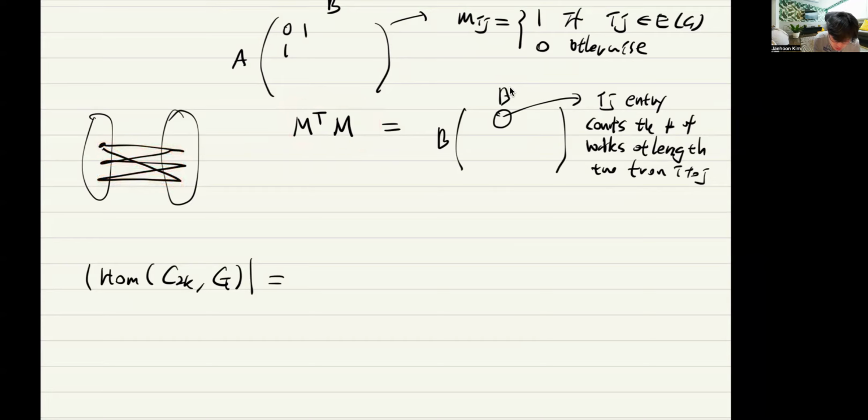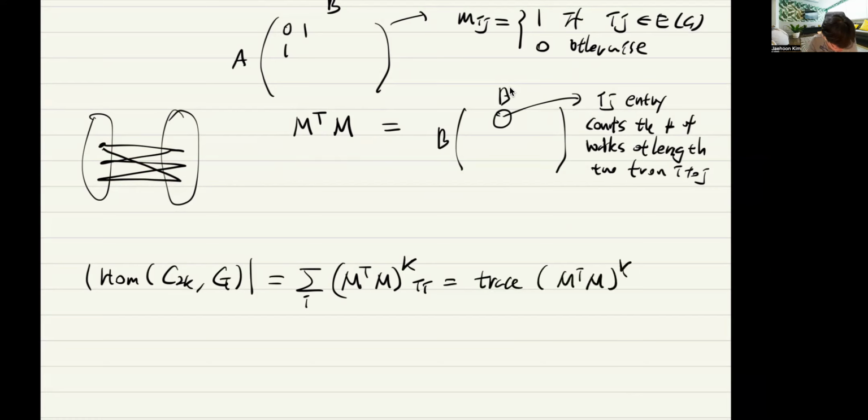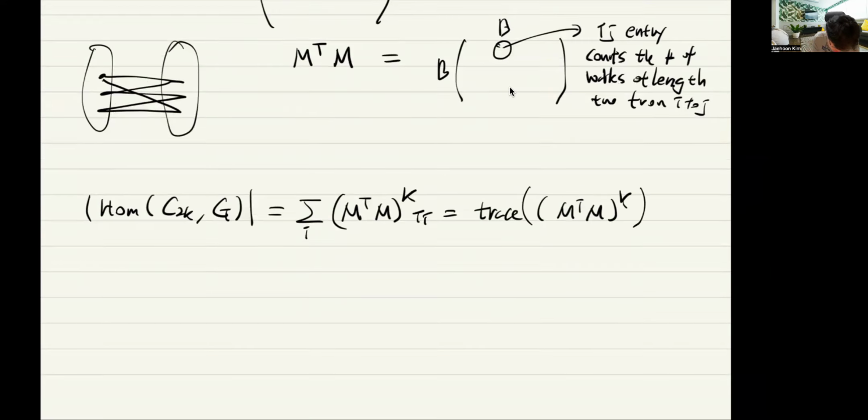That's the same as you take this matrix to the k-th power and add all the diagonal entries, and that's the trace of this k-th power.